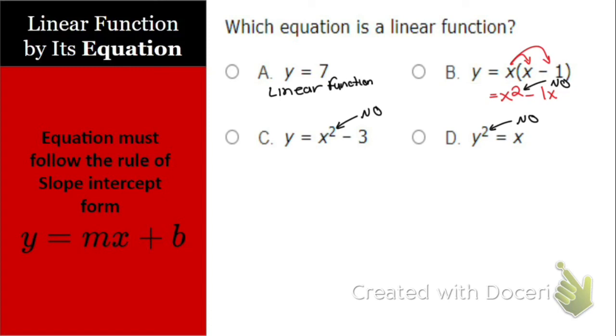Now, tables require the most work out of all three because you have to find the constant rate of change if it's available. And then in equations, it has to follow the format of y equals mx plus b, meaning it cannot have exponents, it cannot have x as a denominator, and it cannot have a radical symbol. Alright, that's just a few of them, but that's how we identify linear functions.